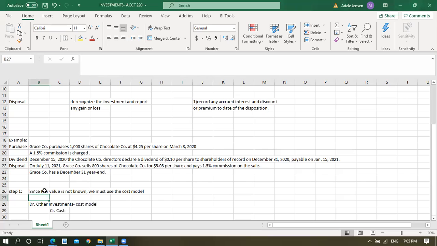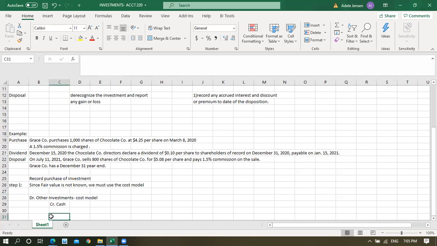Okay, so step one is to record that purchase of investment. And so since fair value is not known, we're using that cost model. And how do we find out the amount? Well, the amount will be the price per share, which is $4.25. There's that price per share times 1,000 shares.